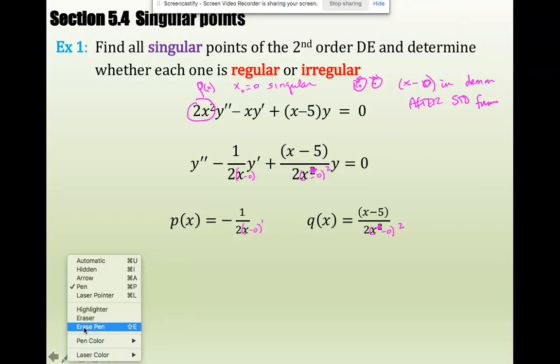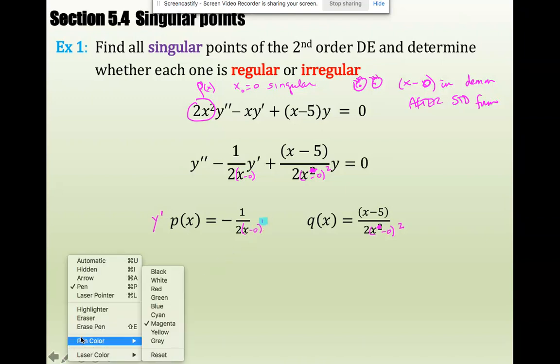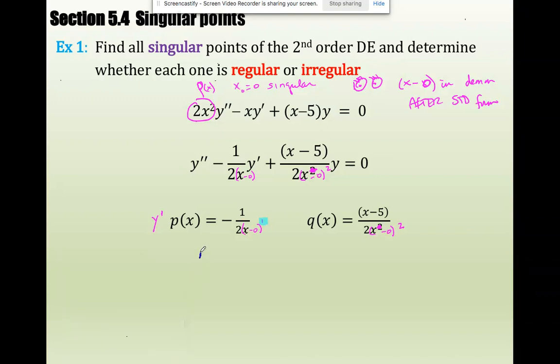And look at those coefficients. In the coefficient of y prime, the power n needs to be less than or equal to 1. Is it? Check.